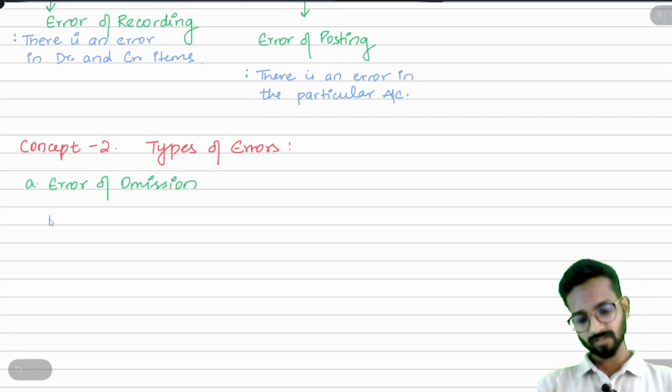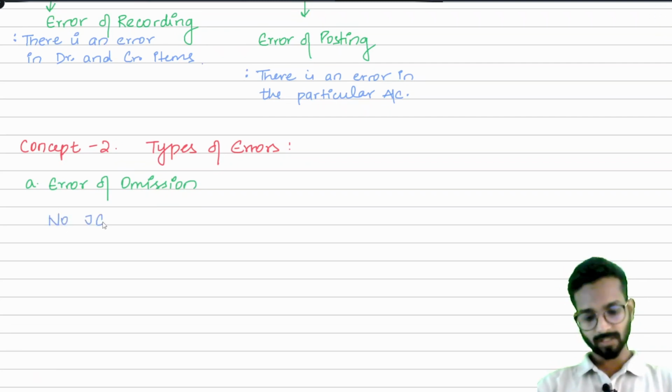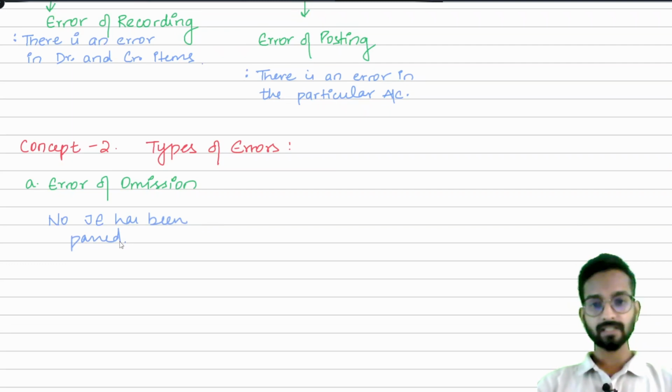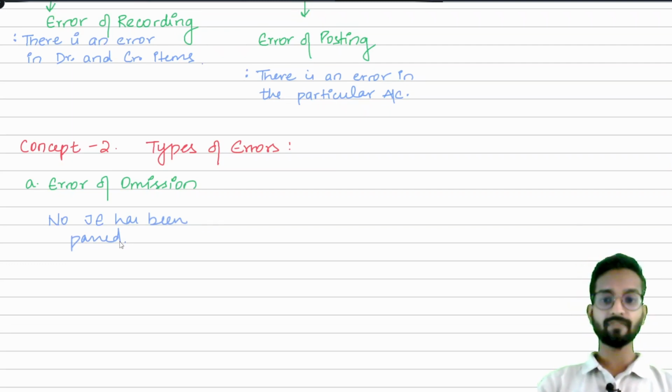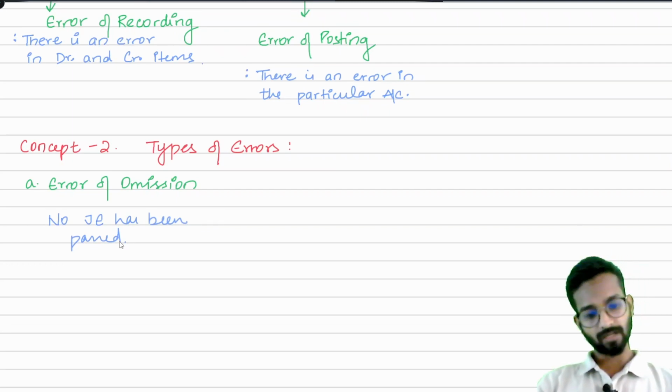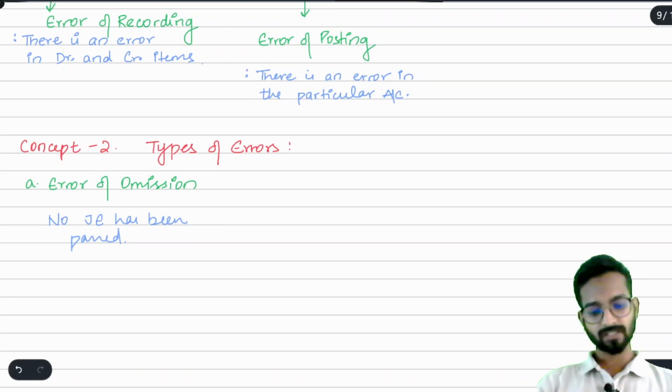Error of omission means no journal entry has been passed. Simple. It means we will rectify it. How will we rectify that? That we will learn.